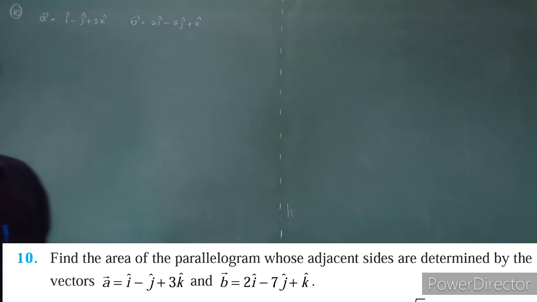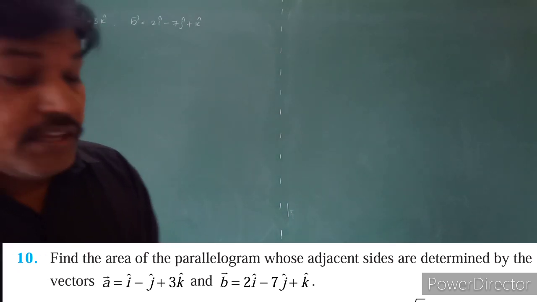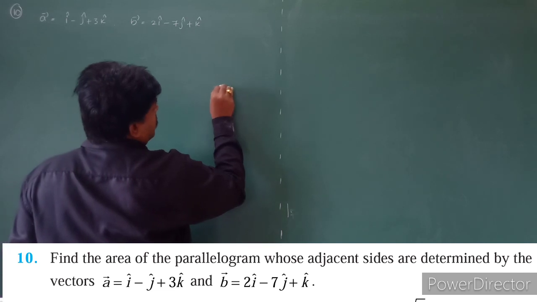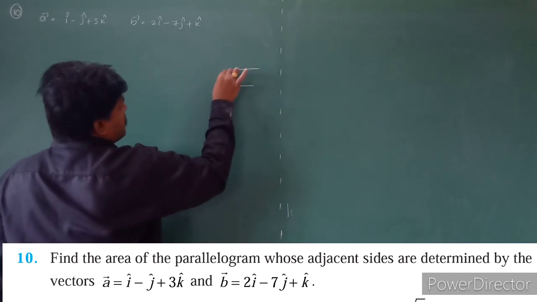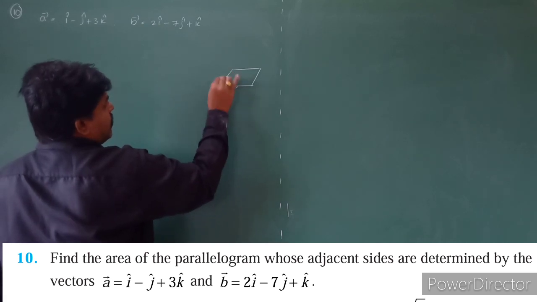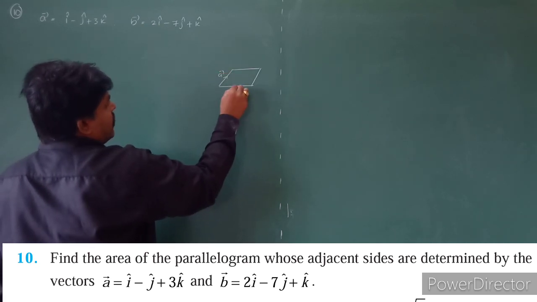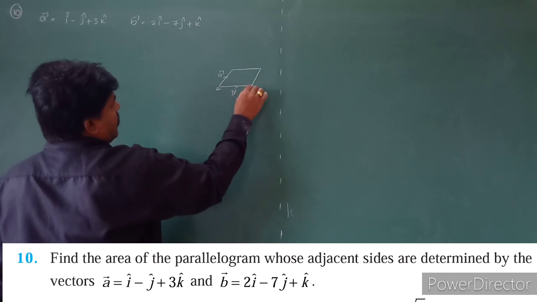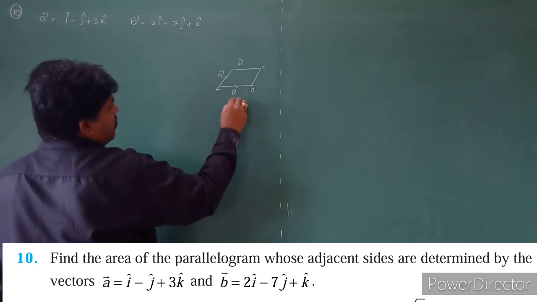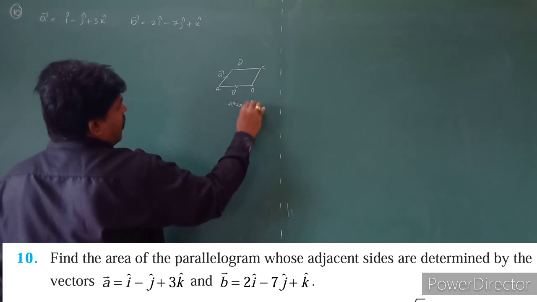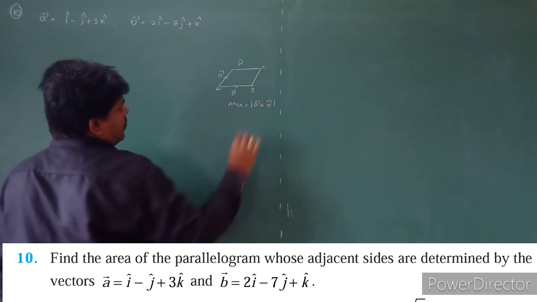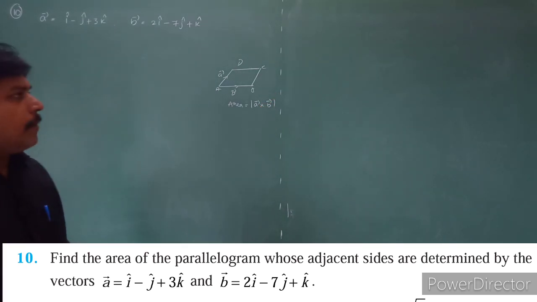They are asking the area of the parallelogram whose adjacent sides are given. So already you know that if any parallelogram is given, and this is the a bar and this is the b bar, ABCD, the area is equal to mod a bar cross b bar.